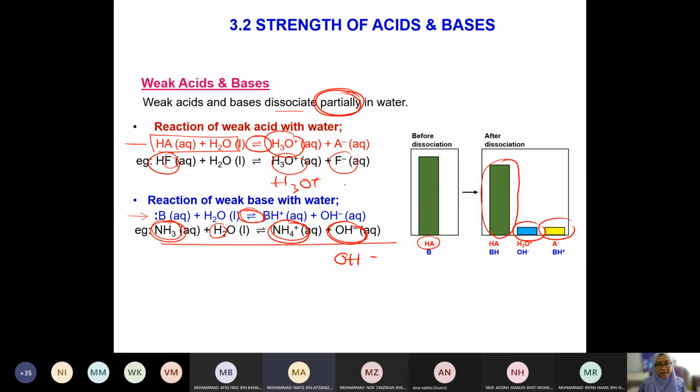F- is formed, can you see? For the acid, it is an anion. But for the base, it will be a cation. Why? Because here OH is already minus. This one is plus. So this one should be the anion. Then this here should be the cation.